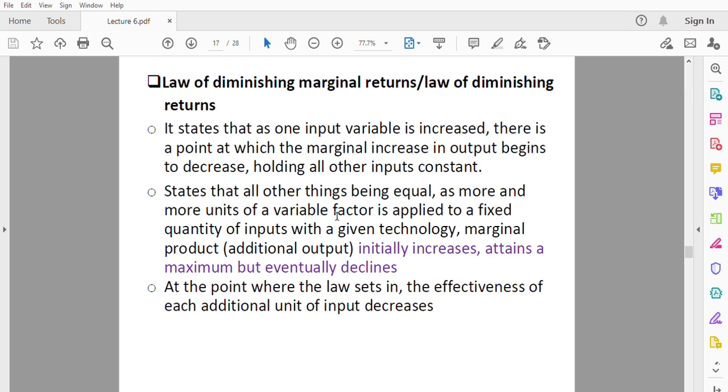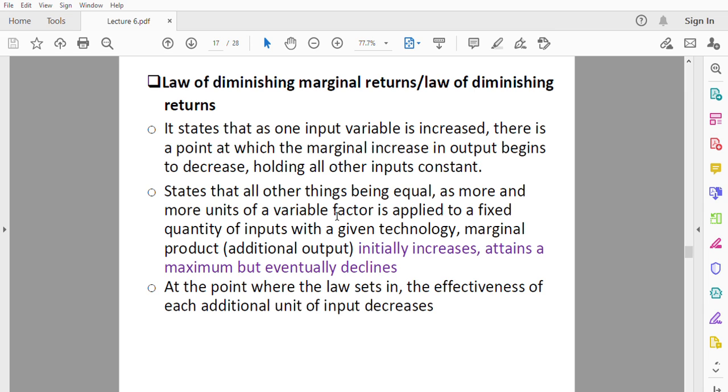Let's move on to the law of diminishing marginal returns, also sometimes called the law of diminishing returns. The law of diminishing returns states that as one input variable is increased, there is a point at which the marginal increase in output begins to decrease, holding all other inputs constant.